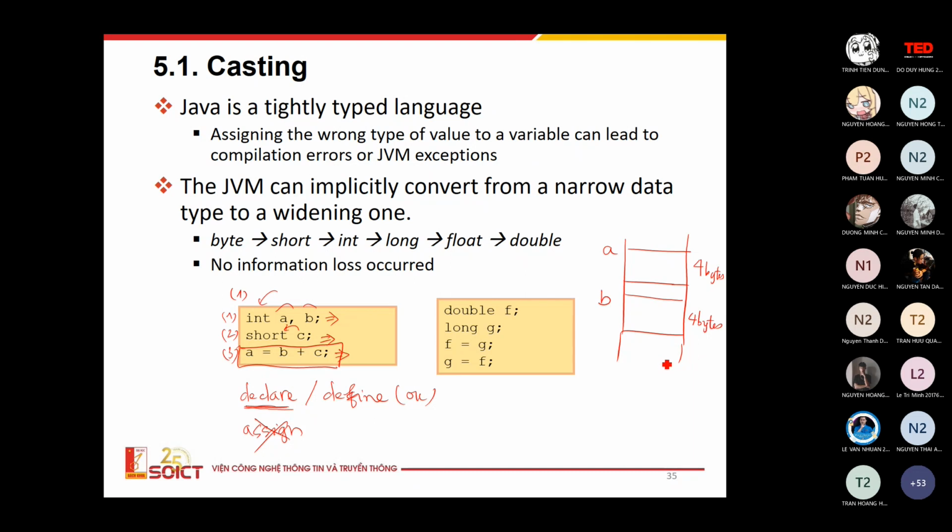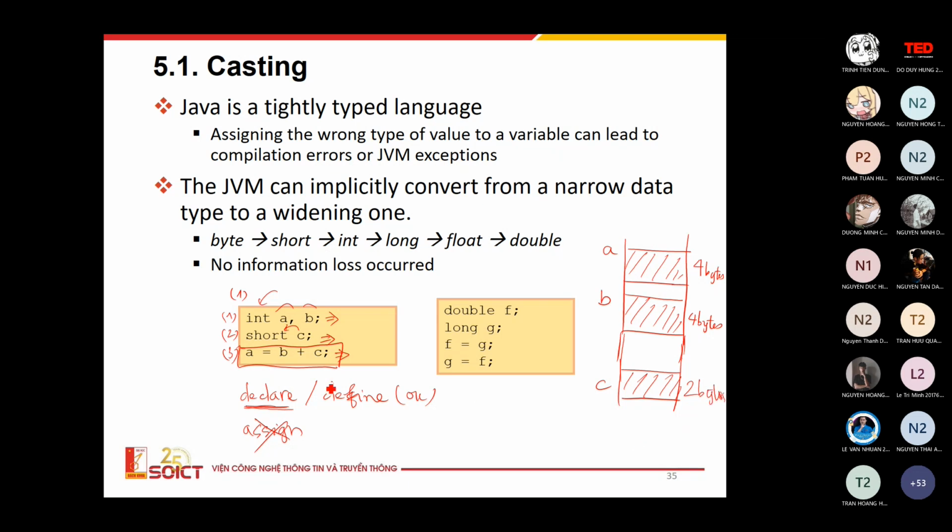Okay, it is for the int. And for the second line, you declare a variable C. For example, this is A, this is B, and this is C. And C is the short type. That means it just has 2 bytes.